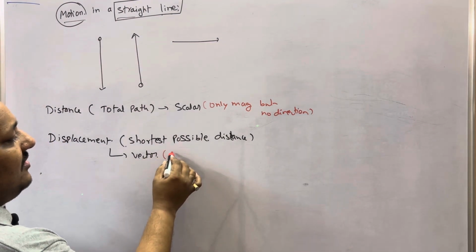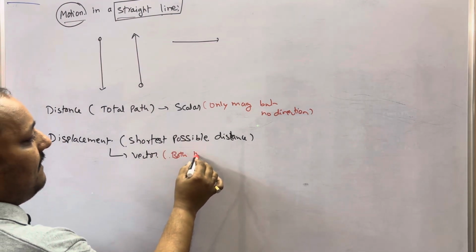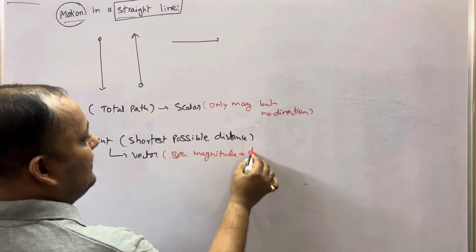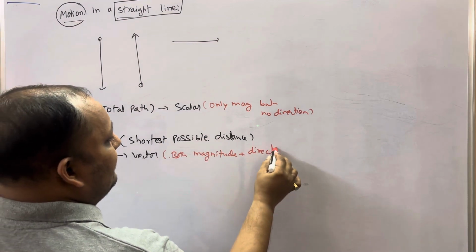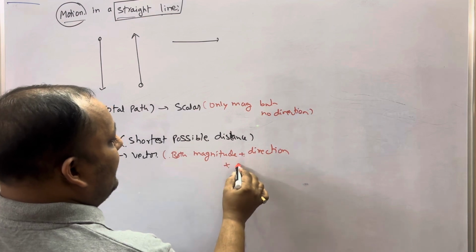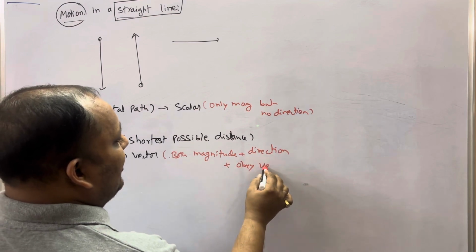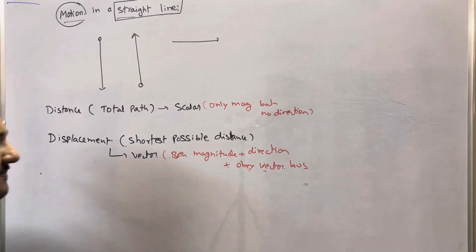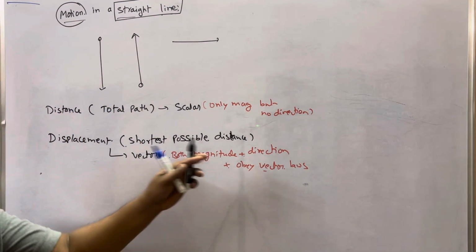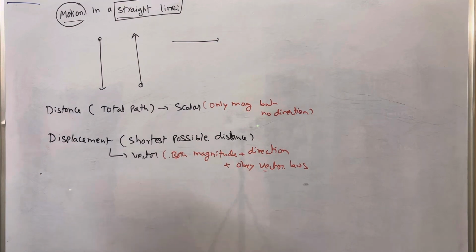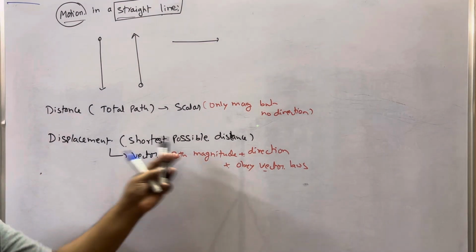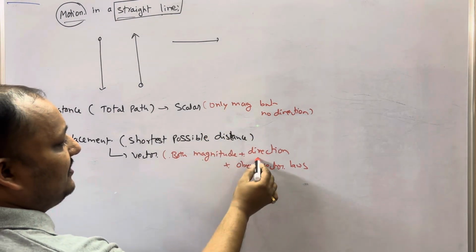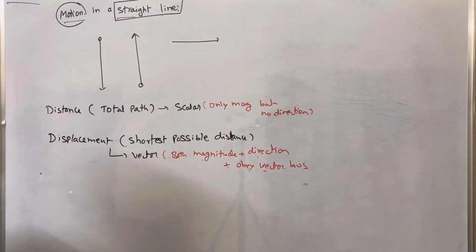It has both magnitude plus direction and it should obey vector laws. Already we gave definitions for these in basic maths in our previous videos. You can watch them there. Vector has both magnitude and direction and obeys vector laws.